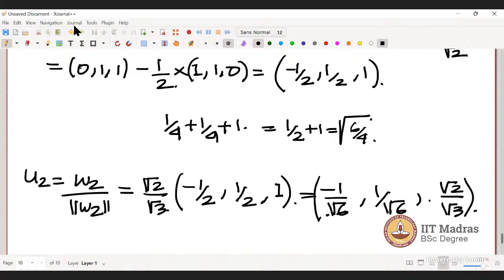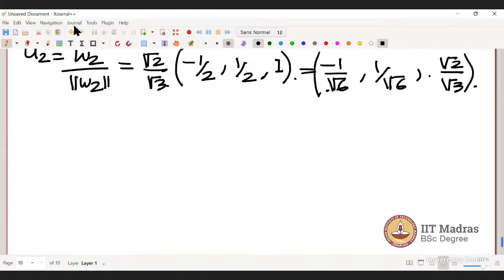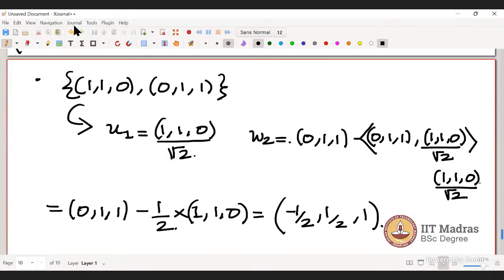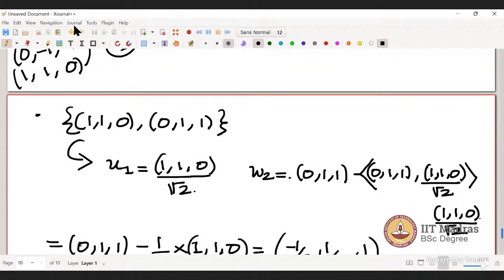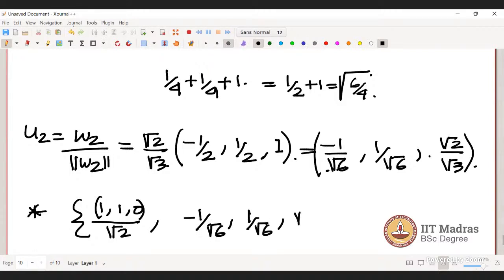So this is my orthonormal basis. The orthonormal basis is U1 equals (1, 1, 0) by square root of 2, and U2 equals (-1 by root 6, 1 by root 6, root 2 by root 3).